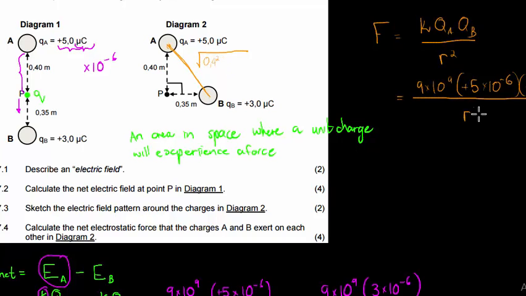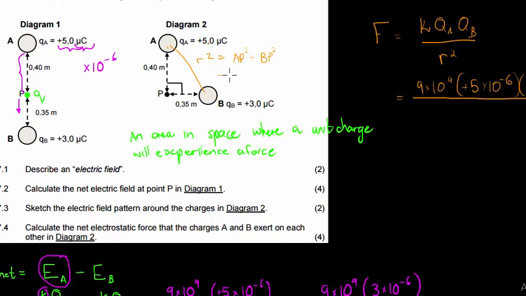Actually, I'm going to use R squared. So in other words, I don't even need to take the square root, so I'm not going to. So remember that this side, let's call it R. R squared is the distance AP squared plus BP squared.